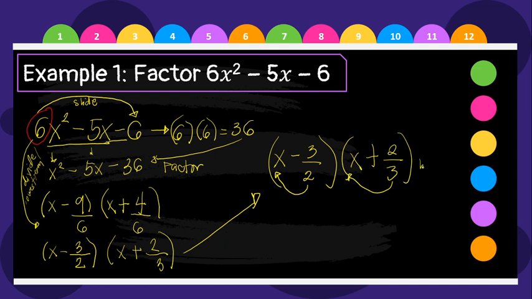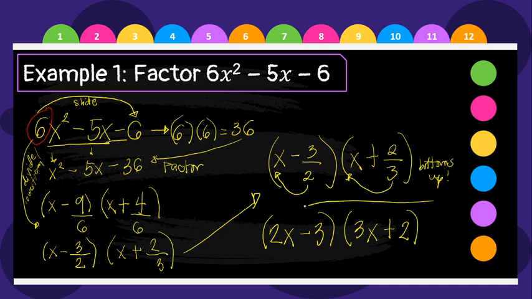That is what we call the bottoms up. So the factors are 2x minus 3 and 3x plus 2. If you solve it using the FOIL method, the answer will be 6x squared minus 5x minus 6.